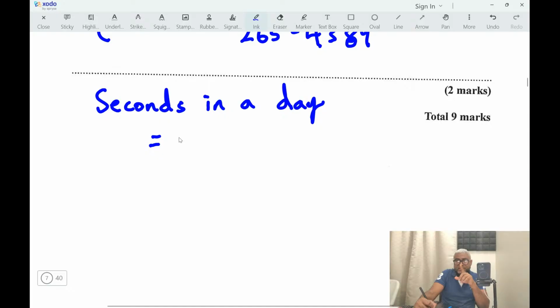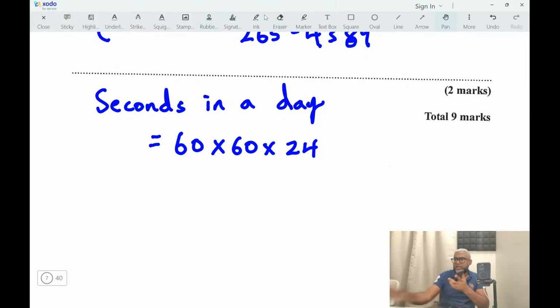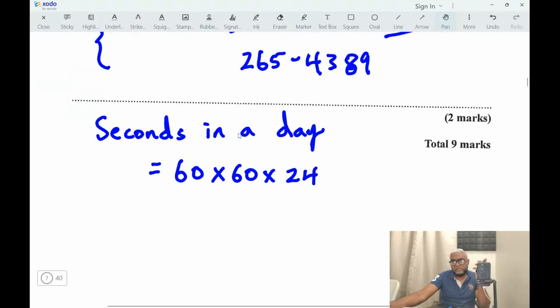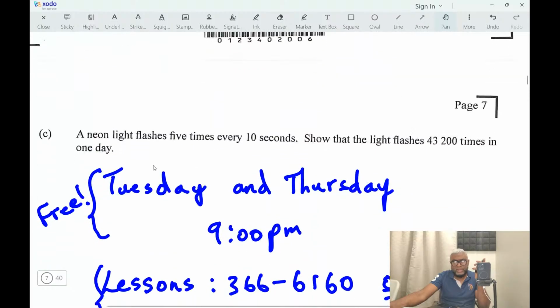So we start with how many seconds in a minute, that's 60, multiplied by how many minutes in an hour, that's 60, multiplied by how many hours in a day, that is 24. Is it one day? Yes, they said one day.